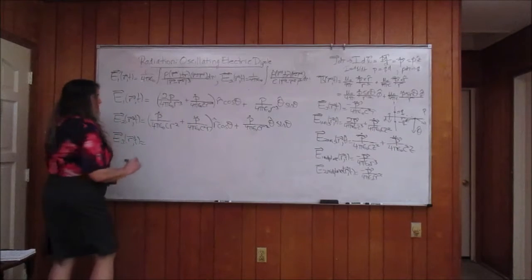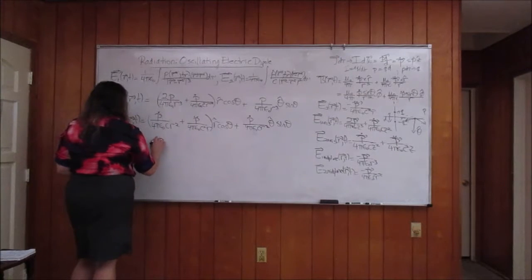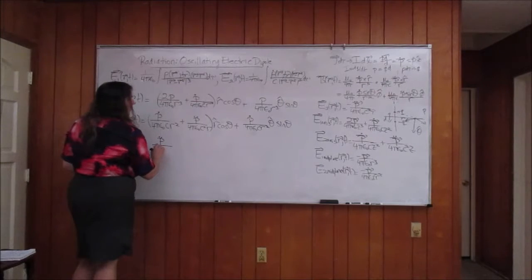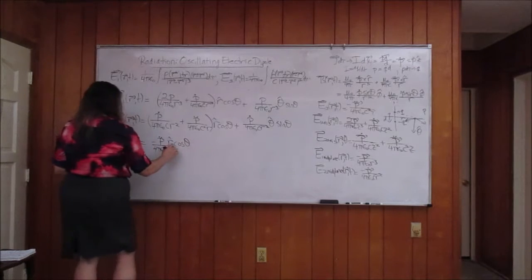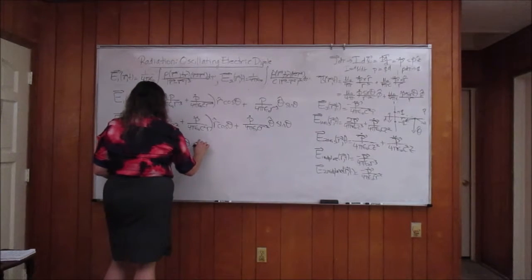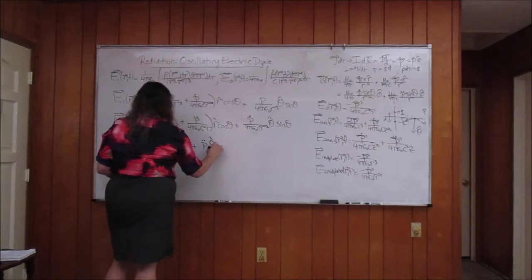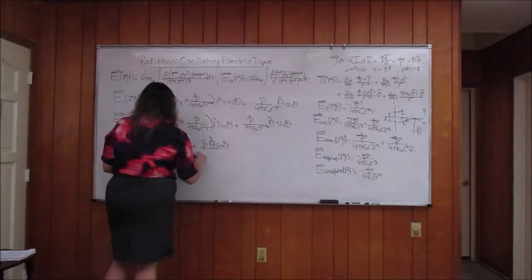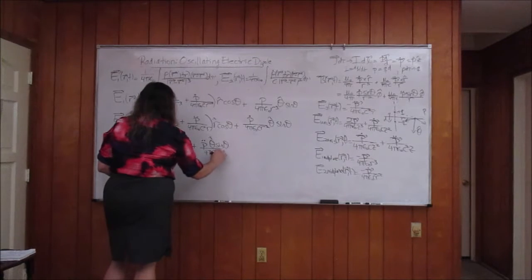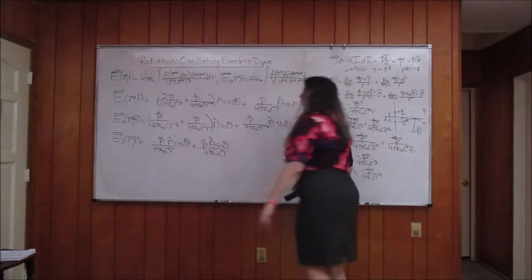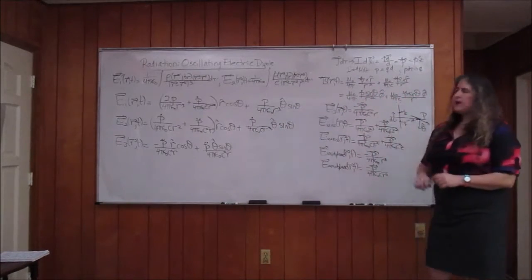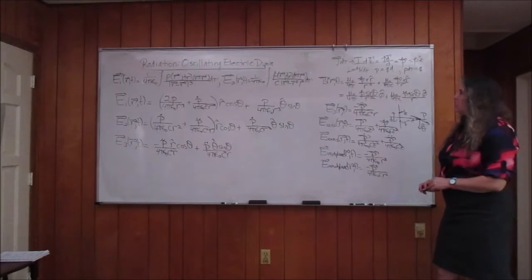And then finally I've got E sub 3 to handle. And that is the complete electric field for an oscillating electric dipole.